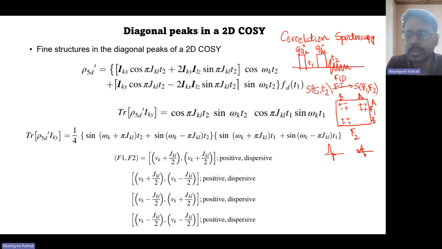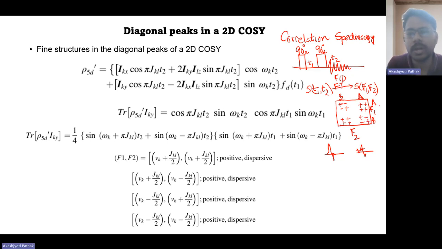The diagonal peaks do not give us the information whether a nuclear spin is coupled to another nuclear spin, but if we get a cross peak, then we can say that the cross peak is coming because the A spin is coupled to the B spin by J coupling.